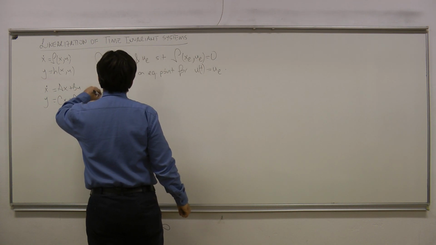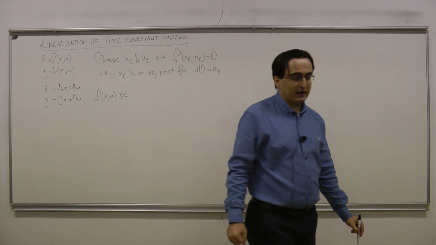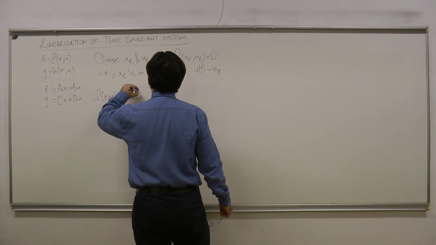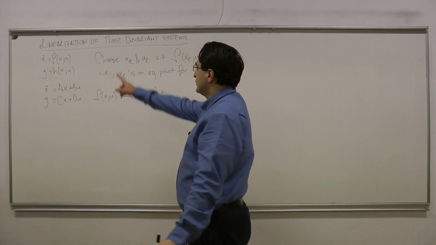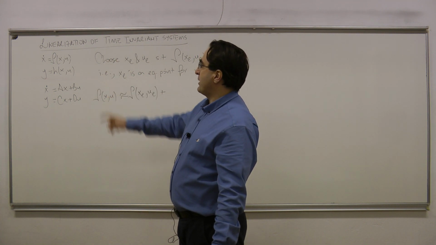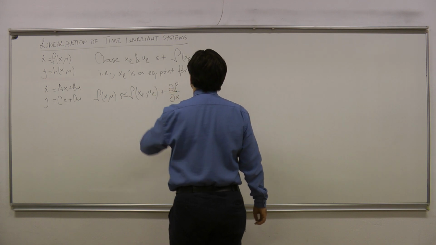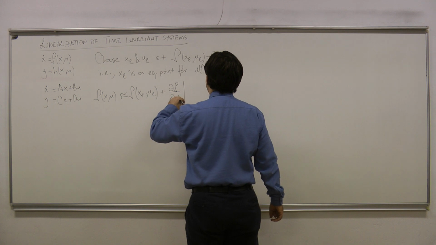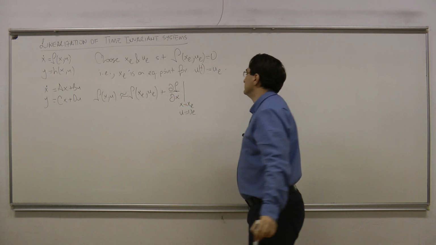So what I'm going to do is to write f of x, u approximately as the zeroth order term of the Taylor series approximation, which is f of xe, ue, plus I will first take the derivative with respect to x, and that is going to be the Jacobian matrix of f with respect to x, and I will evaluate this thing at the equilibrium state and the equilibrium input.